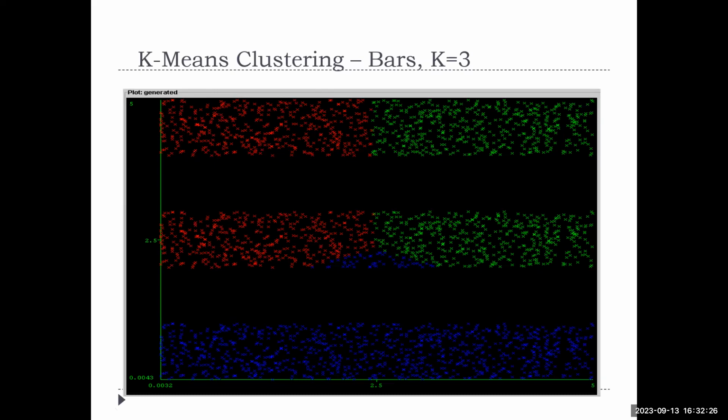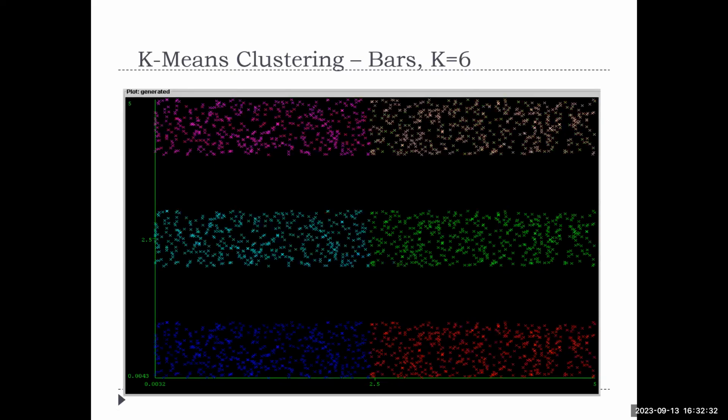So you think that it's going to work for this data set easily, but it doesn't. So when you make it 6, this gives you a hint. Now you realize that each bar is split into 2 clusters, right? Now you may consider merging the clusters on the same bar, so you see that there could be a solution when you increase the K.